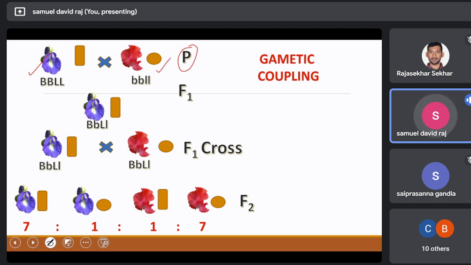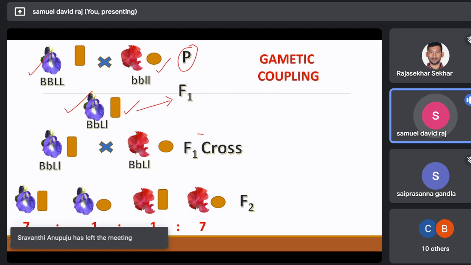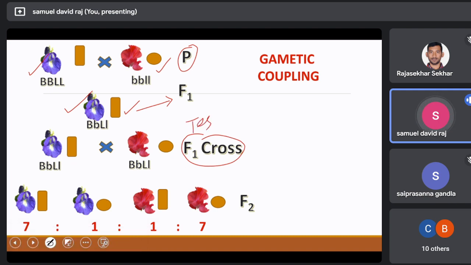Obviously, as blue is dominant over red, we get blue color, and as long is dominant over round, we get long in the F1 generation. Now they have gone for the F1 cross. This F1 cross is not a general cross, it is a test cross.